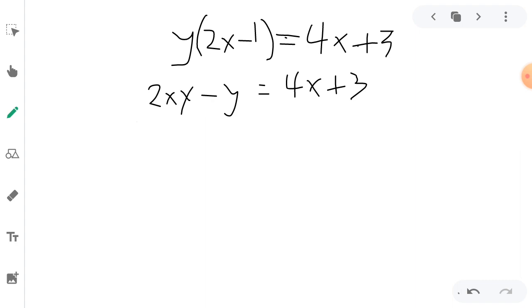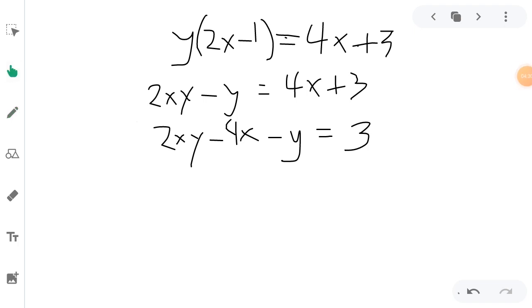Next step is move the 4x to the left side. We need to transpose the 4x to the left side. So 2xy minus 4x minus y is equal to 3.